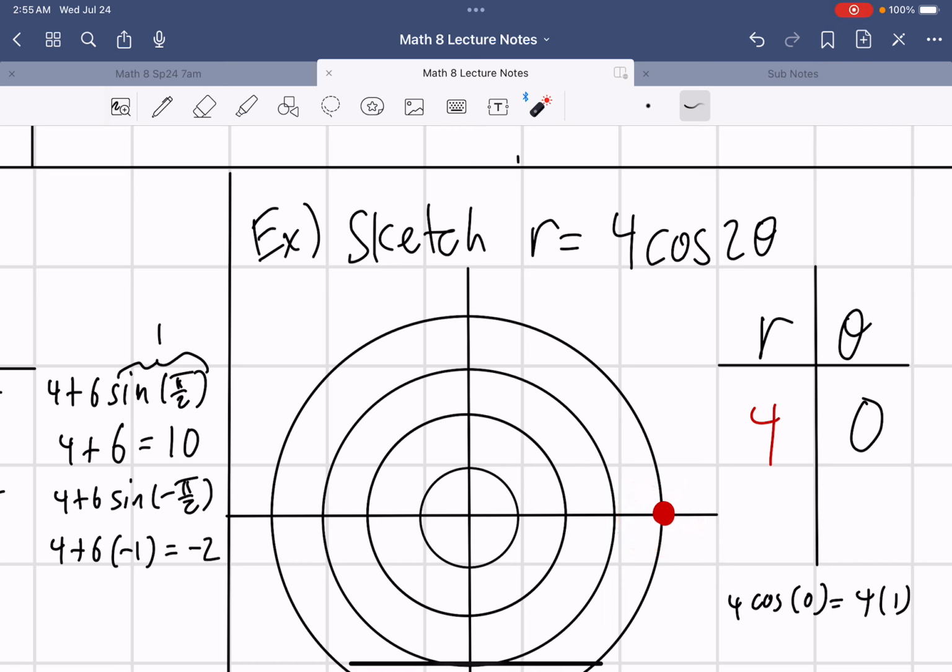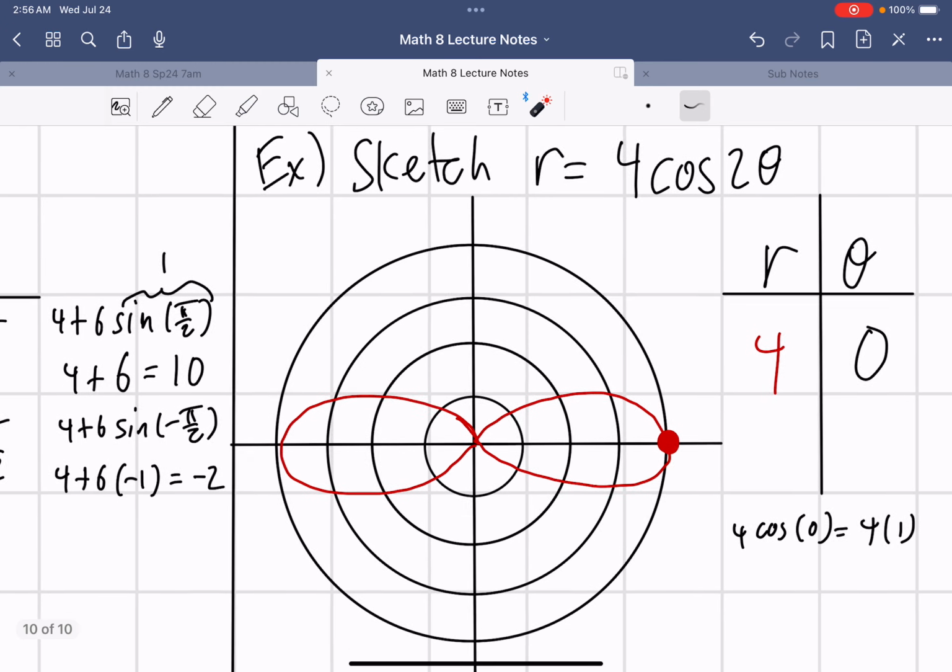So that tells me there has to be a petal here at 4. And since we have symmetry on the x-axis, we should have a petal in this direction as well. And remember, because it's even, I know there should be 4 petals.